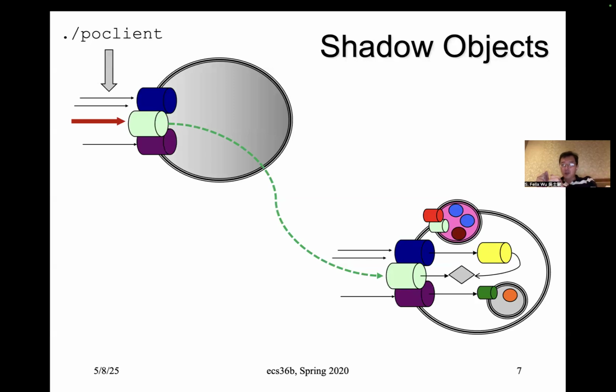So the shadow object representing the remote object is actually in the same program as the client, which means this shadow object is actually in the PO client. And when the PO client really wants to interact with the remote object, it actually interacts with the shadow, the proxy, and whenever you interact with this, it will indirectly go over there to interact with the real object.